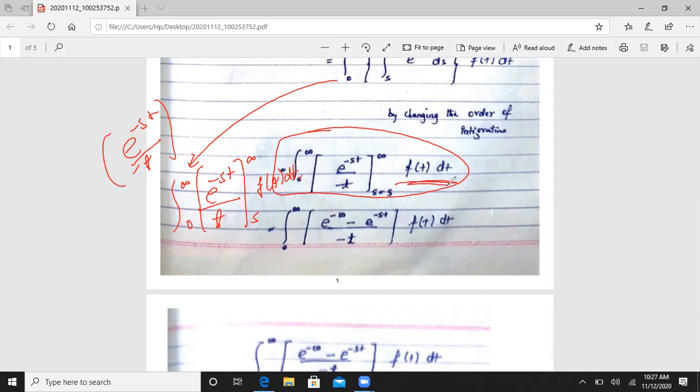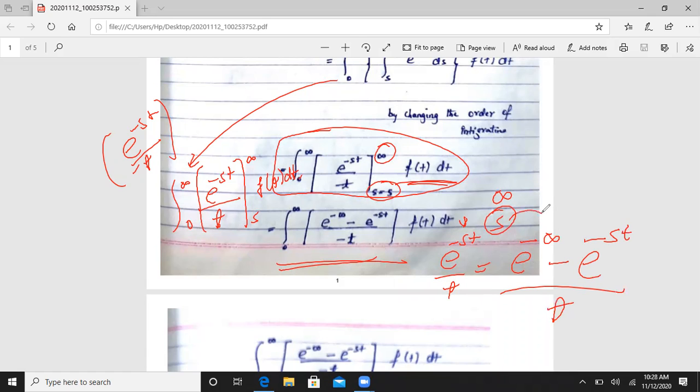Now when we apply the limits, upper limit minus lower limit, we get e to the power minus s into infinity, which is e to the power minus infinity, minus e to the power minus st, with the lower limit s, divided by t, into f of t dt.